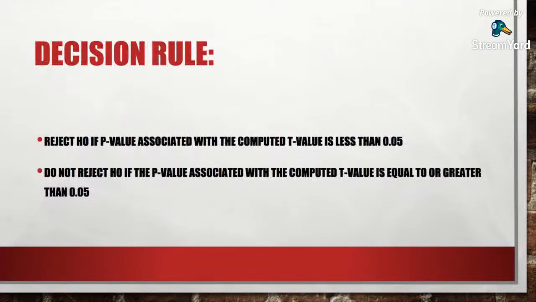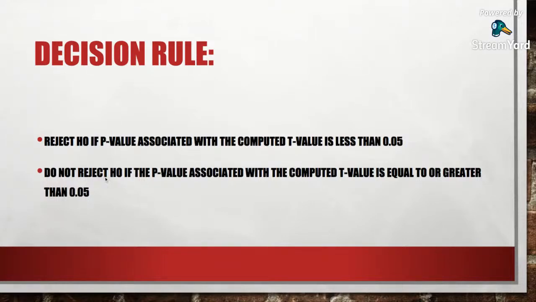For most of the basic statistical tests that we are going to use, this will be our decision rule. I hope you will take note of this. This is the decision rule that we will use. We reject the null hypothesis if the p-value associated with the computed t-value is less than 0.05.